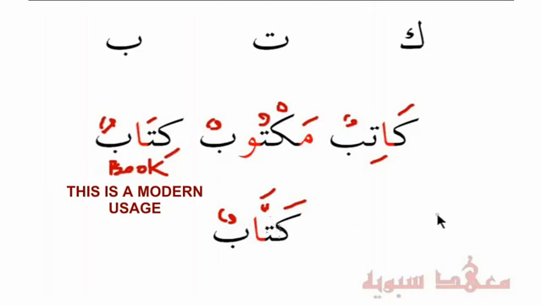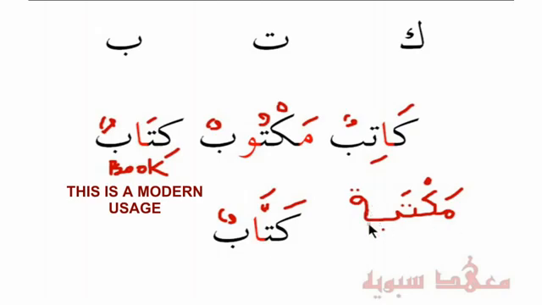Also, you can have maktab, the place of writing, which is usually a desk, a place where you write. If you add actually this letter, it's called a ta marbuta, it actually changes the meaning.